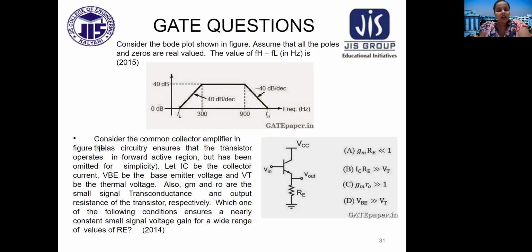Which one of the following conditions ensures a nearly constant small signal voltage gain for a wide range of values of RE? So, try this. You can solve this, and if you find difficulties, definitely you will, because this is not that easy. Just try and then come to me. I just need to see your thought process, how you think to start the problem. After that I will solve it for you.